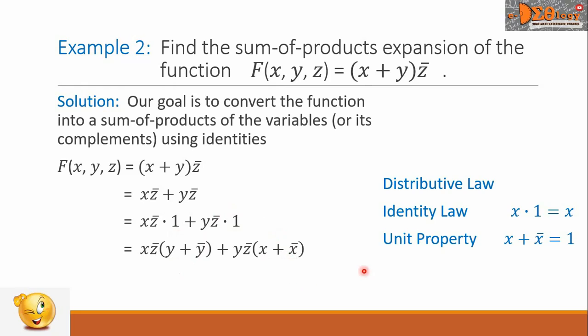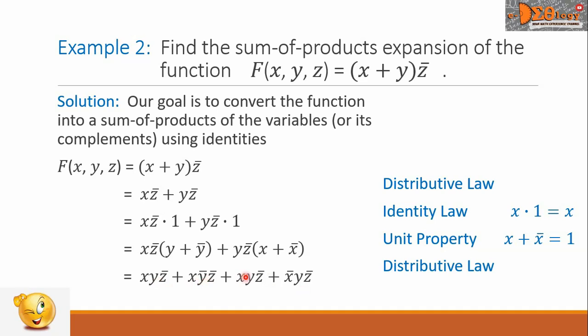We get this idea from the unit property that says x plus x bar equals 1. And from here, let us multiply this product outside to each term of the grouping symbols. The same is true with the second product. So we have now x y z bar plus x y bar z bar. For the second product, it becomes x y z bar plus x bar y z bar.